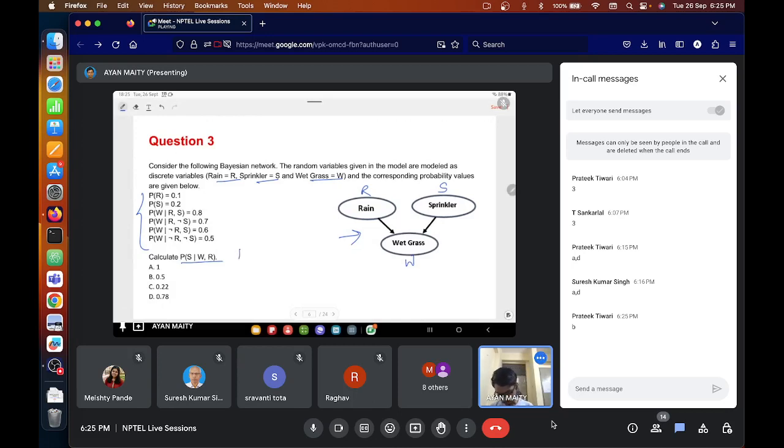Okay, so in this question, you have to calculate S given W and R.